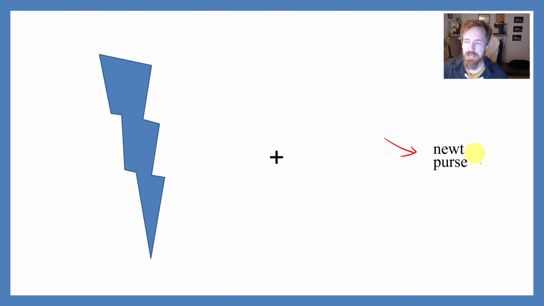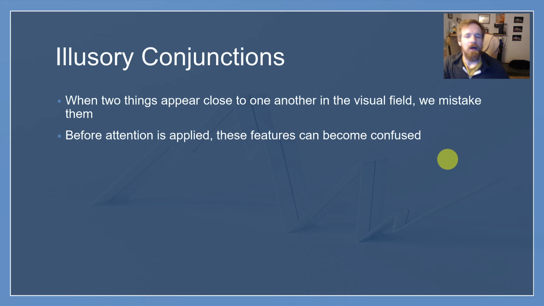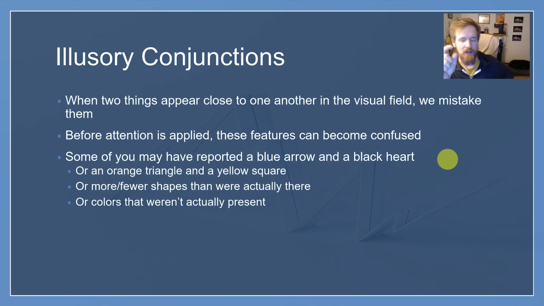Which is just a combination of those two, but if you're focused over here to begin with, your attention is already pitched over there, then in that split second, you see exactly what it is, and it's not hard at all. So basically, whenever those things appear close together in our visual field, we make mistakes only when our attention is not applied over there.